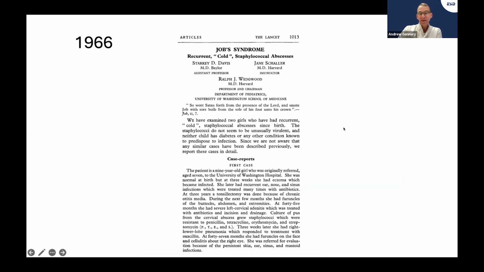This was initially described in two boys back in 1966. And they coined this syndrome, Job syndrome, because these two unfortunate kids had recurrent abscesses.